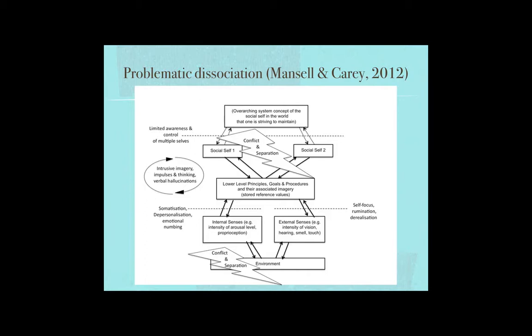And so we get the same layout, but this system is now conflicted and not operating smoothly. It's dissociated like the other system, but the dissociation is much more stark because the person's got limited awareness of the different sides of themselves, and these are the consequences of the experiences that they're separating.